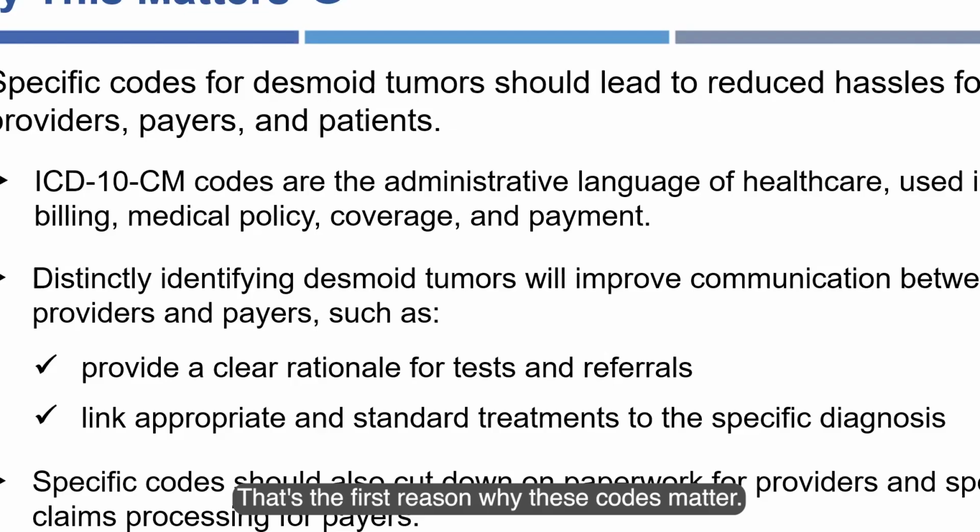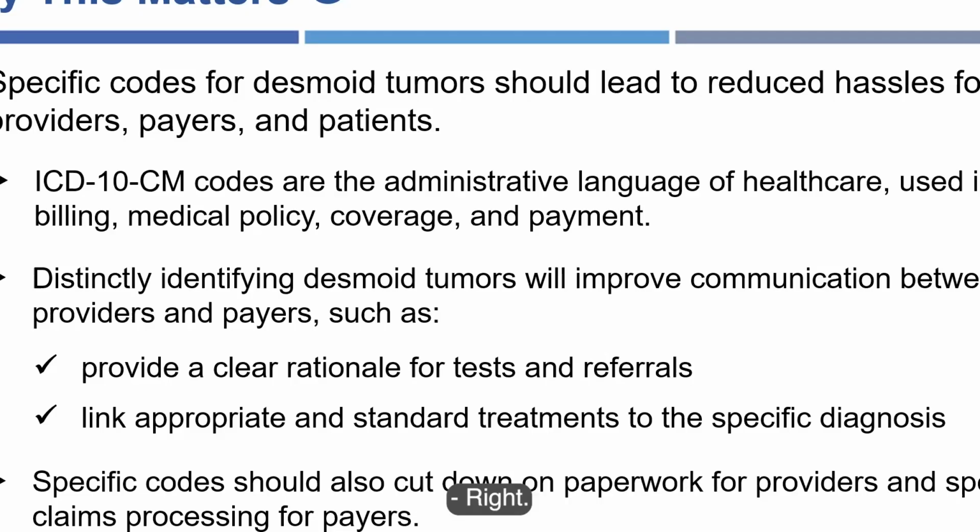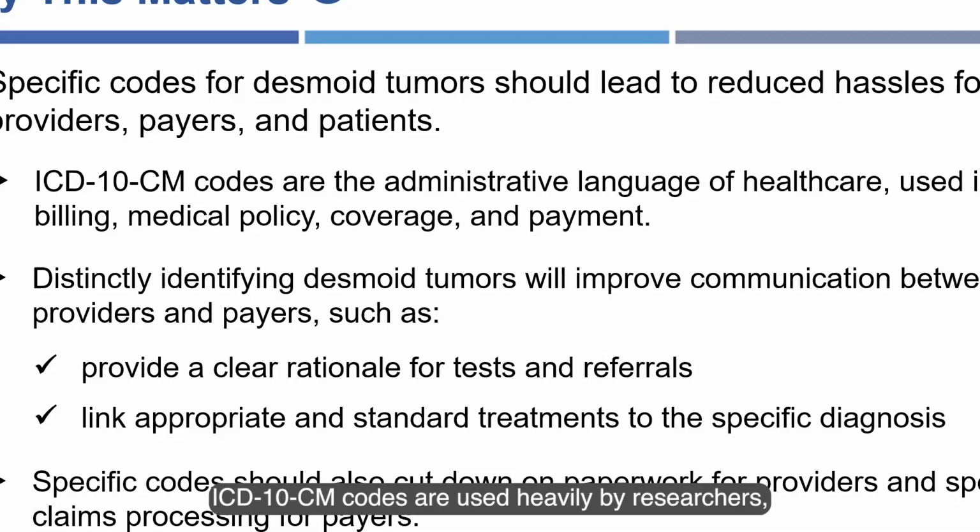That's the first reason why these codes matter. The second reason, better research. ICD-10-CM codes are used heavily by researchers, especially retrospective researchers, obviously, to identify and track conditions nationwide within the US.